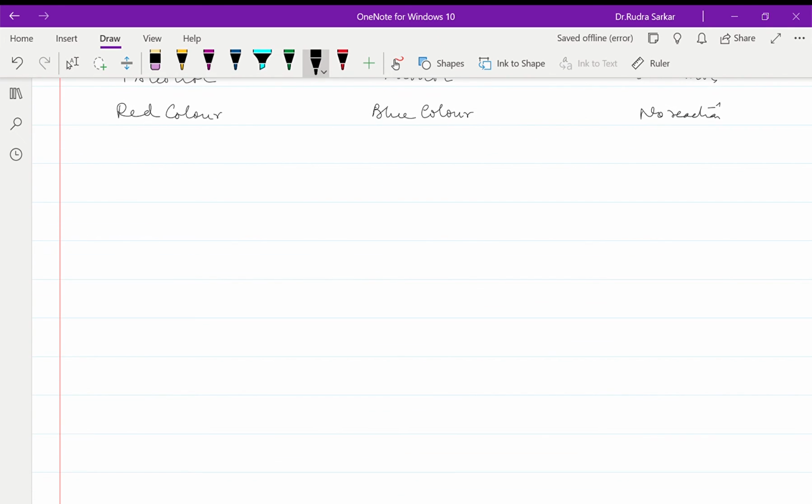Now, some reactions on diols. Okay. So we are doing a reaction of dihydric alcohols.